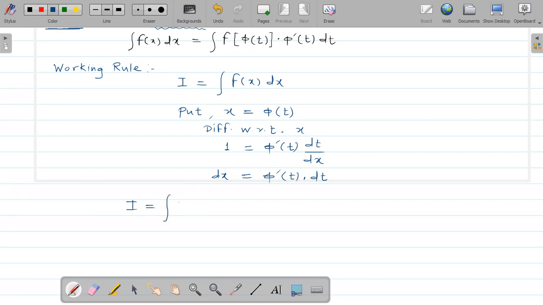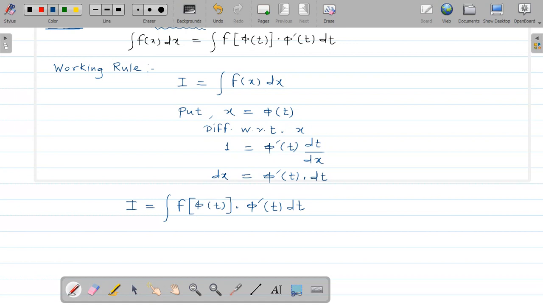Integration f of, in place of x we have to put phi of t, into dx. Dx means what? It is phi dash of t dt. So this is called the working rule of this result. We have to substitute while taking the integration of the given function.